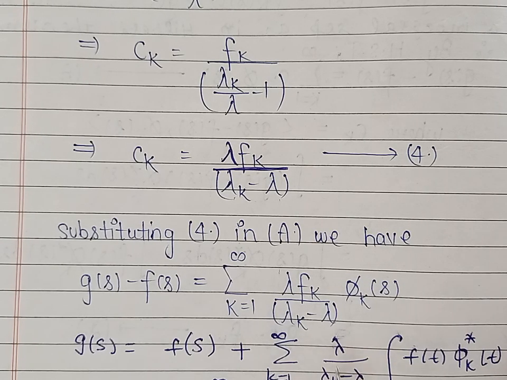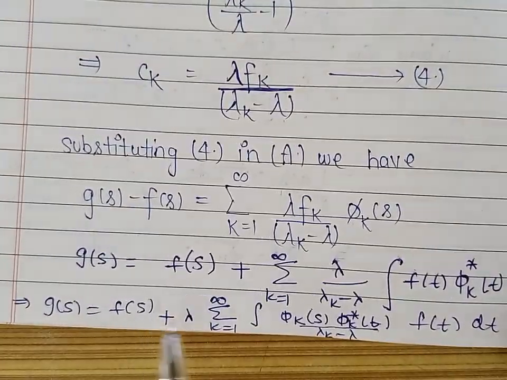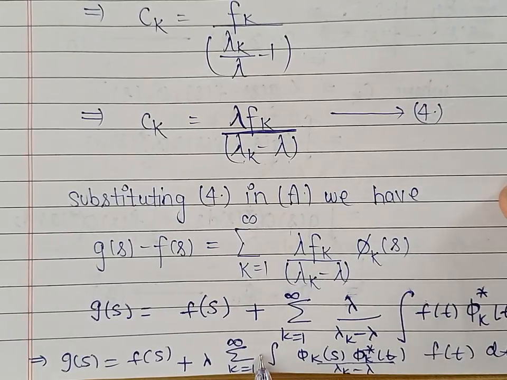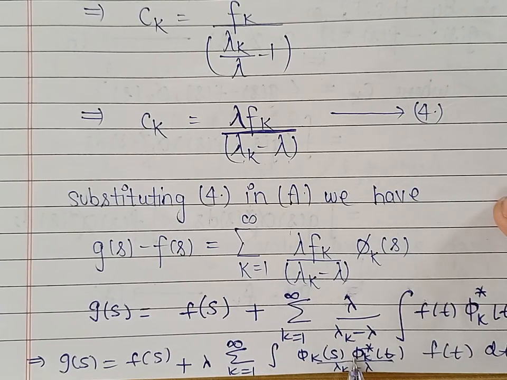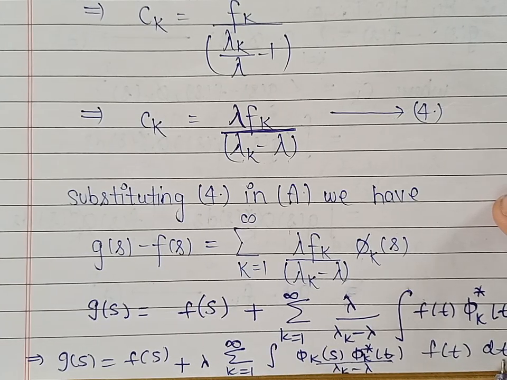Now we can take lambda out of the summation. This becomes g(s) = f(s) + lambda summation k from 1 to infinity of integral phi_k star(t) / (lambda_k - lambda) f(t) dt times phi_k(s).